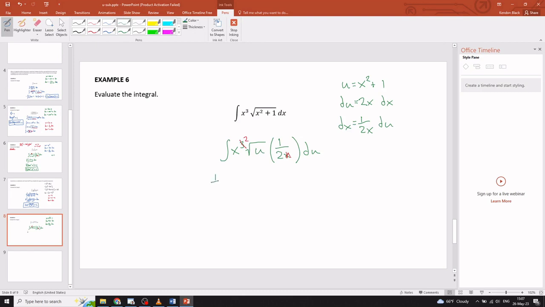So now we have 1/2 integral x squared square root of u du. Okay, and let's see if we can use our definition of the u to get that x squared to be in terms of u. Well, u is simply x squared plus 1, so then x squared would be u minus 1.